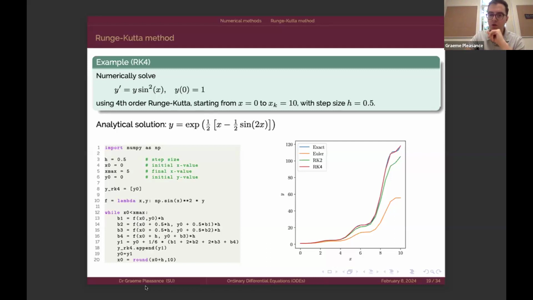What you can do is introduce a new variable, call it y2, and this could be equal to the first derivative of another variable y1. Then you can use this to rewrite your second order ordinary differential equation as two first order ordinary differential equations that are coupled to each other.